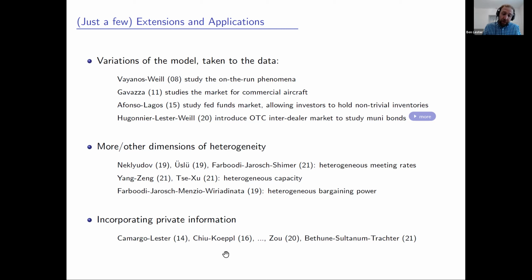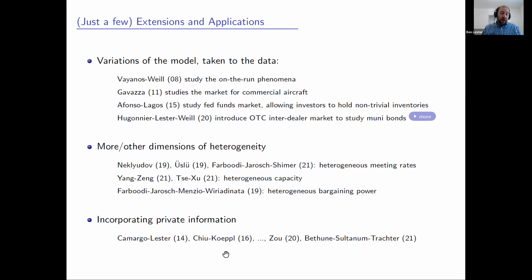They actually go a step further theoretically as well, because the differences across investors in terms of their desire to trade, they also allow them to have different asset holdings, not just 0-1. They solve that model, they calibrate to the Fed funds market to try and think about the effect of frictions on prices and allocation in the Fed funds market.